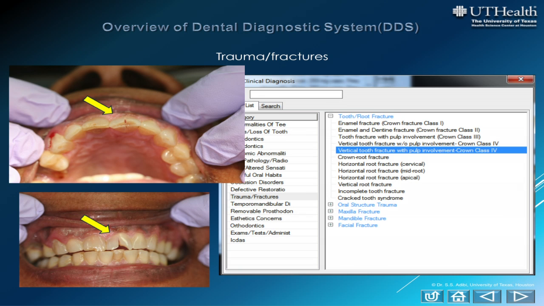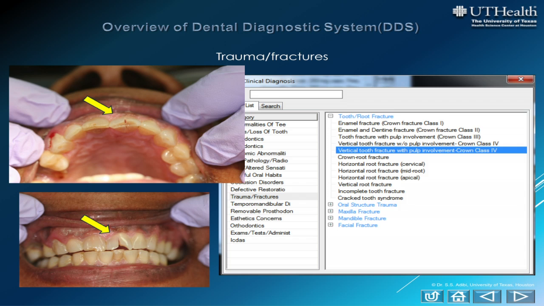The trauma and fracture category consists of tooth root fracture or structure trauma, fracture of the maxilla, fracture of the mandible, and facial fracture. This 43-year-old African-American man presented in an urgent care clinic with a chief complaint of a cracked tooth.